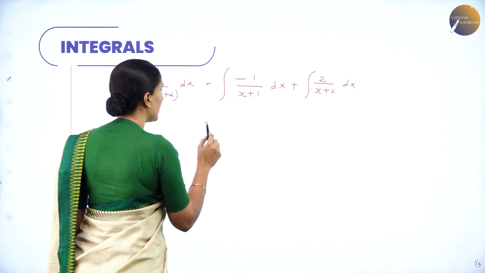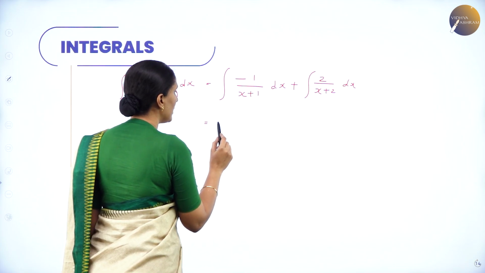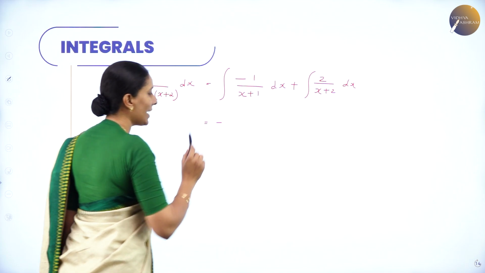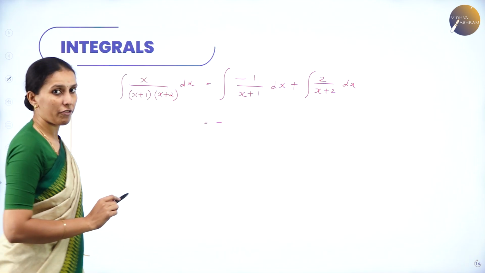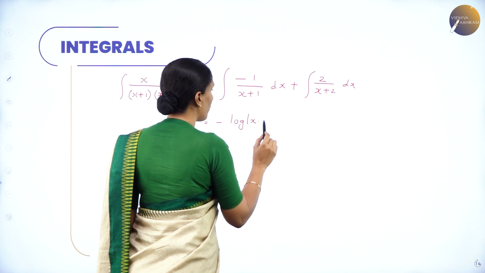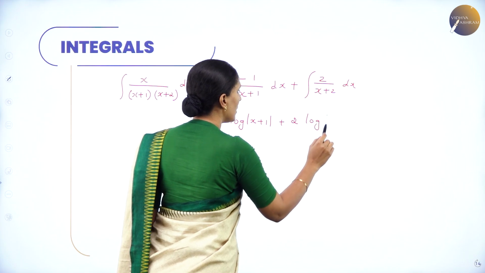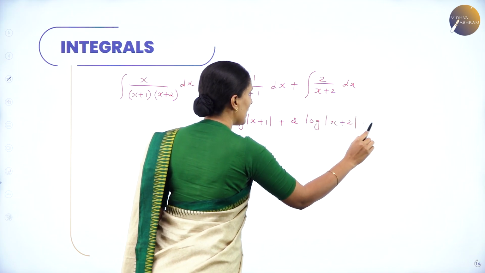Now integrating this, keeping the constant outside, let me keep minus 1 outside, then it is minus of 1 by a, the ax plus b form is log of ax plus b. So therefore this becomes log modulus of x plus 1. And here we have 2 log modulus of x plus 2 plus c.